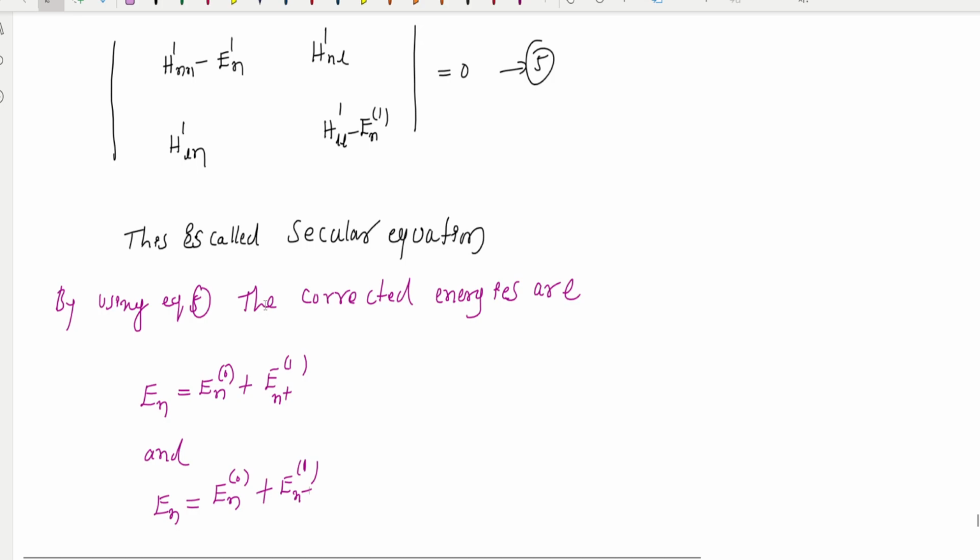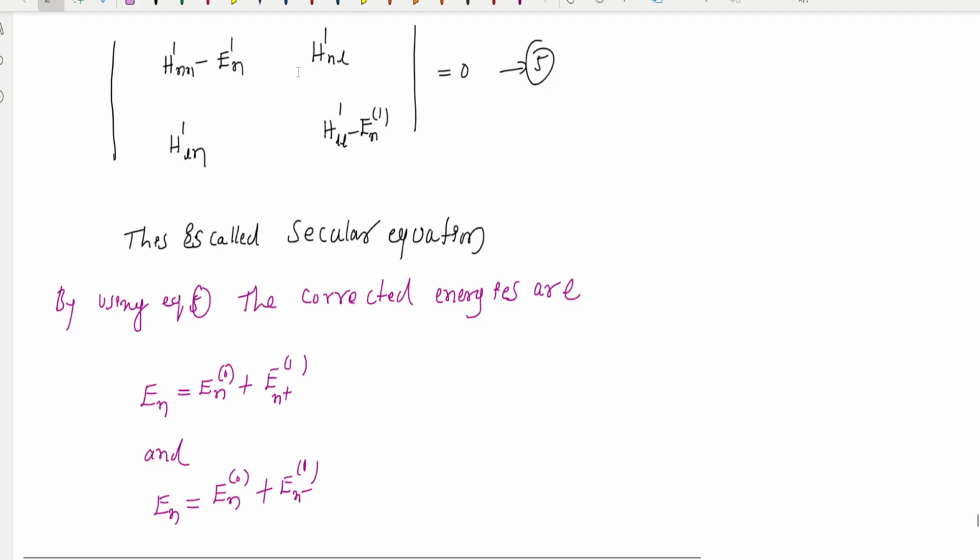So here both the energies will be real as the diagonal matrix elements H'nn and H'll of the Hermitian operators, both Hamiltonians, are real.